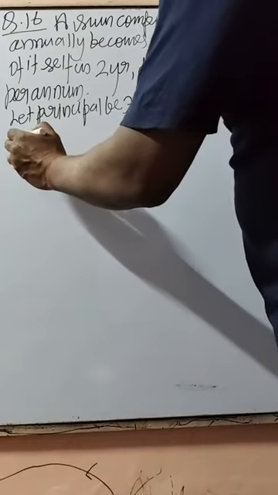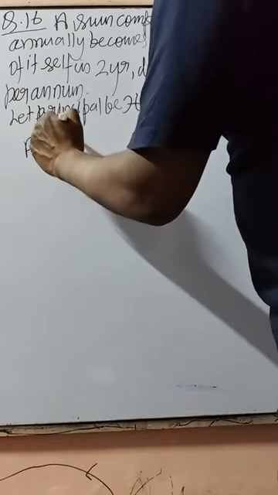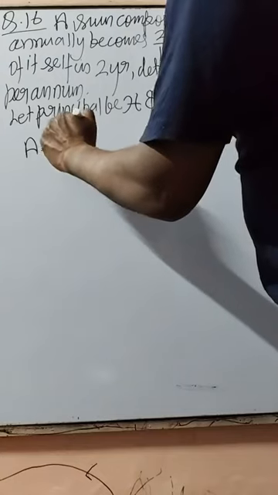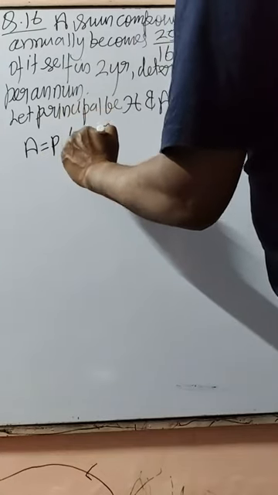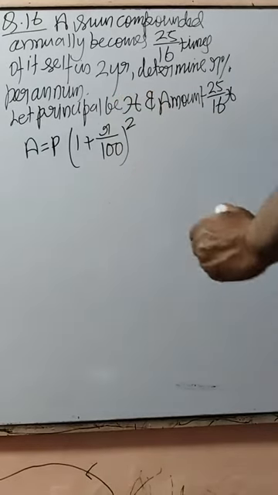So A is equal to P bracket 1 plus R upon 100 raised to the power 2, right?